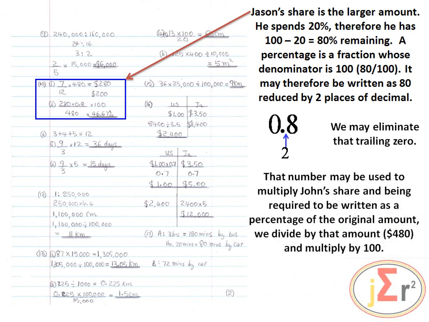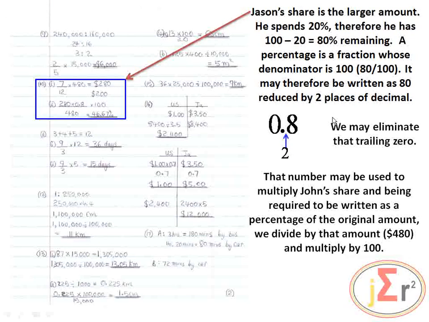That number may be used to multiply Jason's share, and being required to be written as a percentage of the original amount, we divide by the total amount of $480, and we will multiply by 100. And maybe that is a little bit more than a mouthful, so we will take it bit by bit.